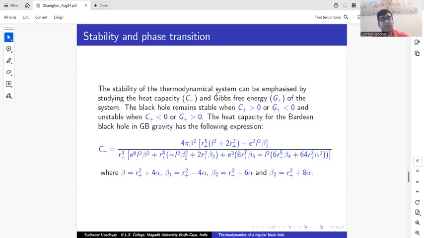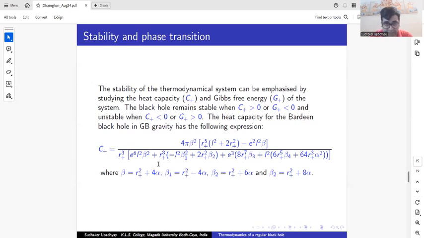And the black hole will be in the unstable state when the specific heat is negative or Gibbs free energy is positive. So if you calculate the heat capacity for the Bardeen black hole in Gauss-Bonnet gravity, the expression we will find is this.